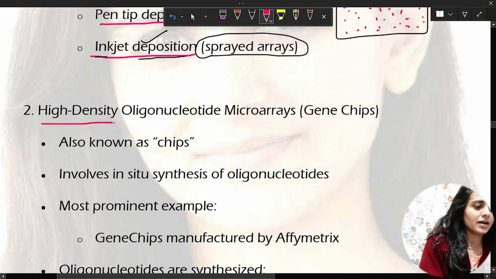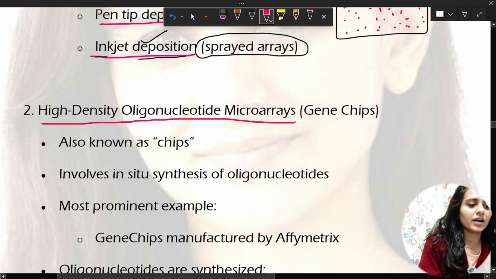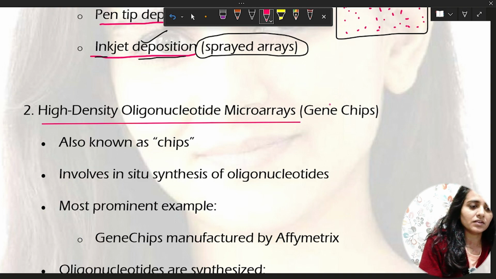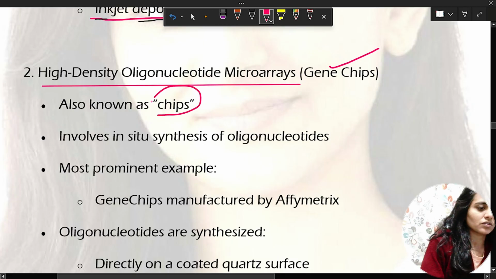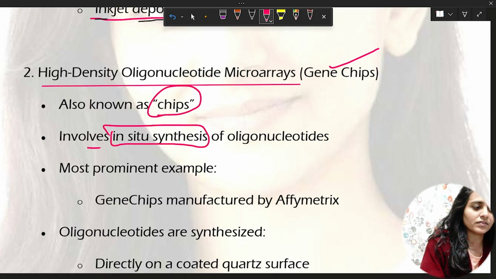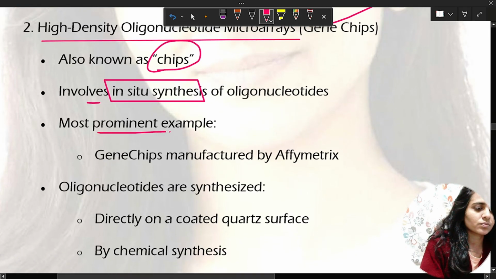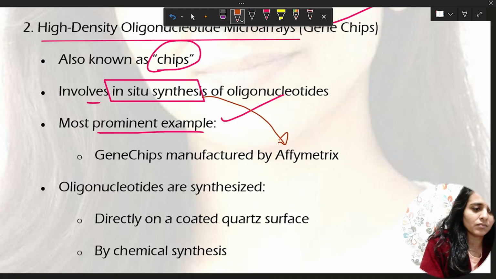And the higher density oligonucleotide microarray. This one is the second type. This is also known as gene chip, or simply chip. It involves in situ synthesis of the oligonucleotide. How is this done? The most prominent example is this company, Affymetrix.